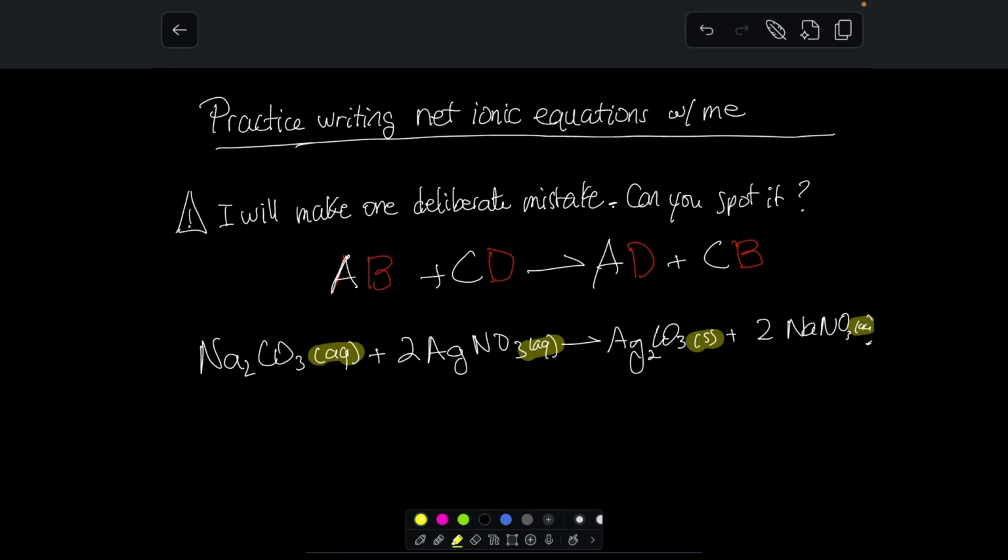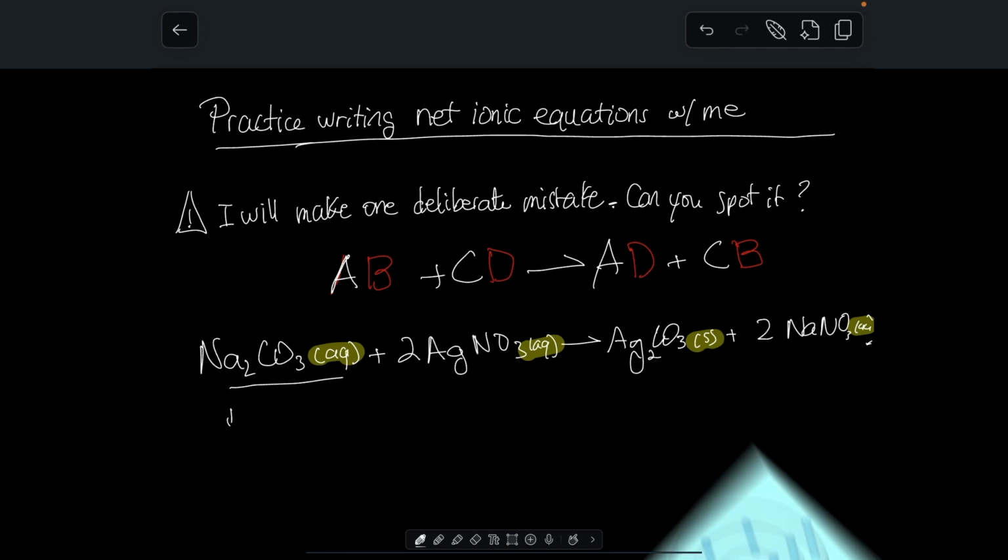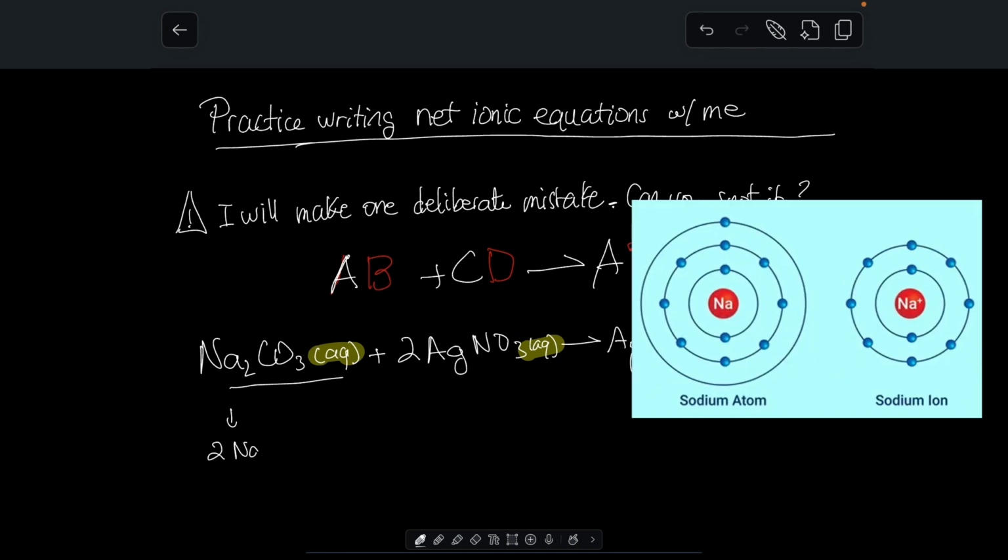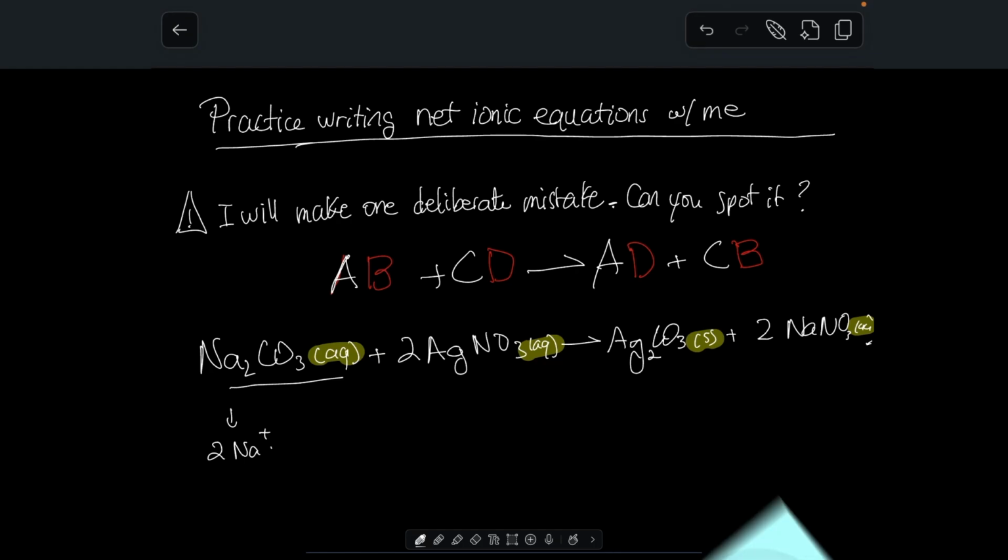So if you look at this particular compound, it will break apart into its respective ions. So here you would have 2 sodium ions, okay, and they're of course coming from aqueous.